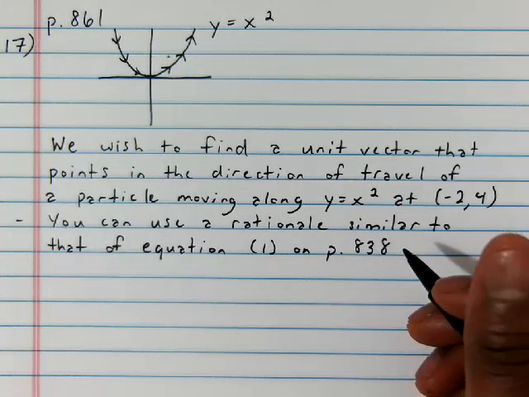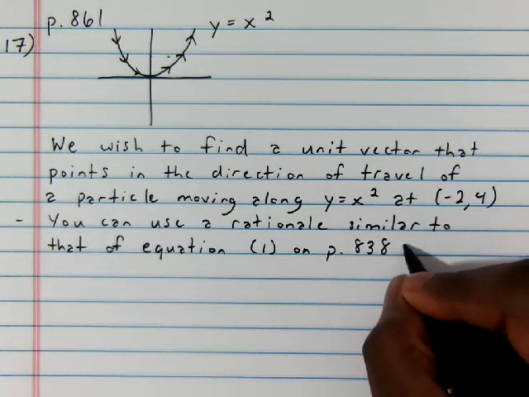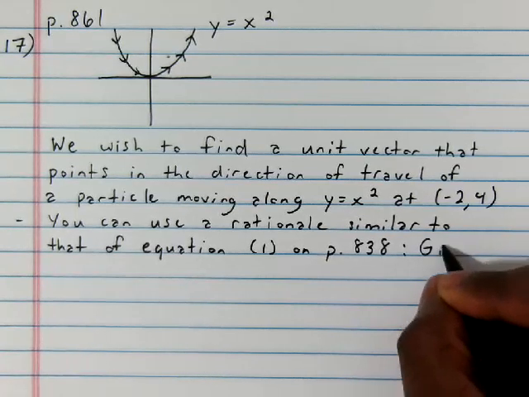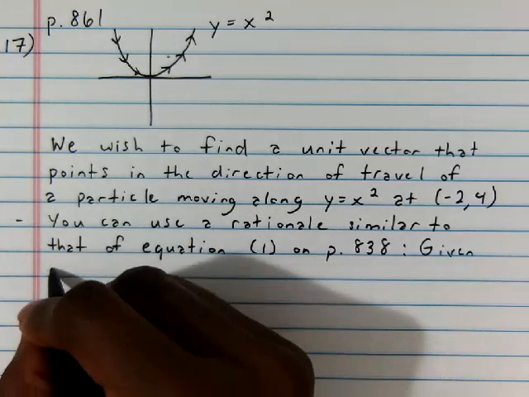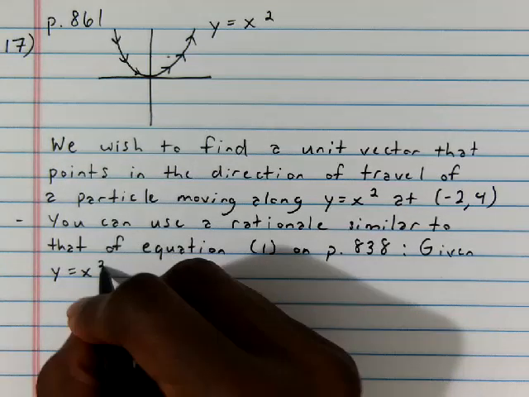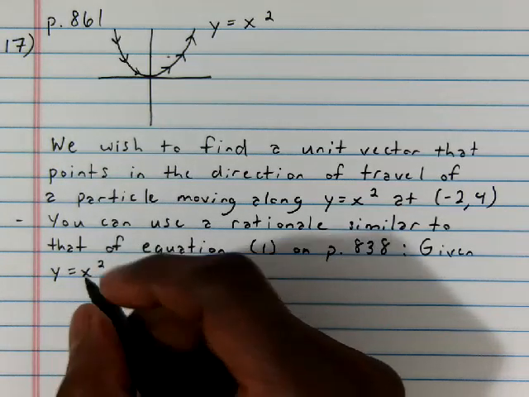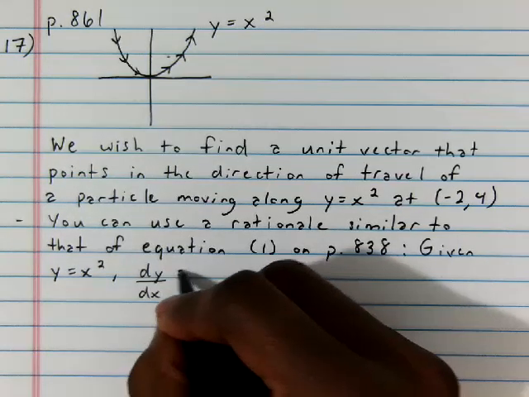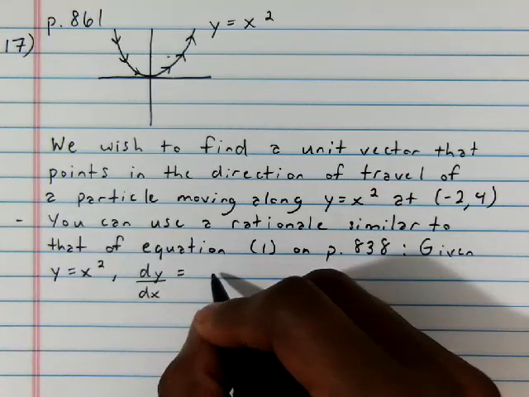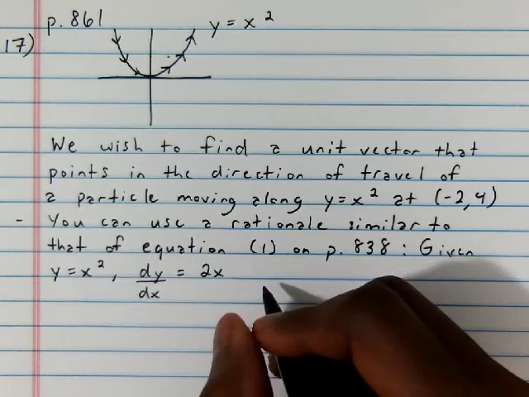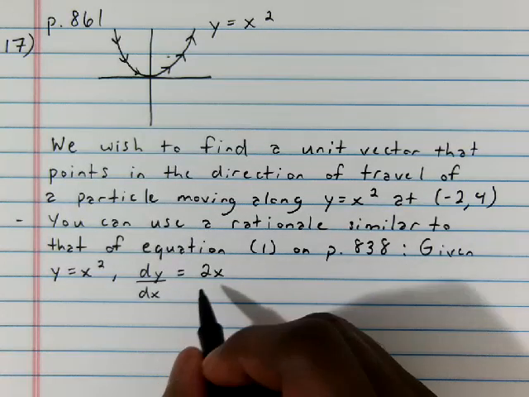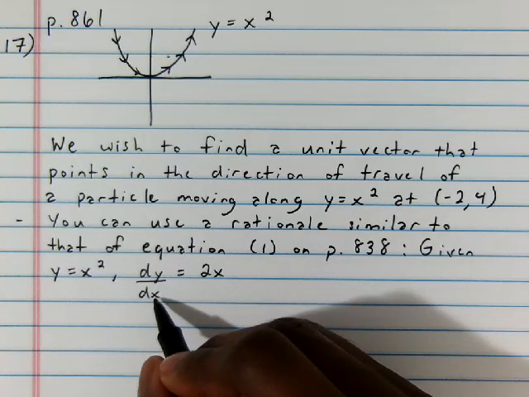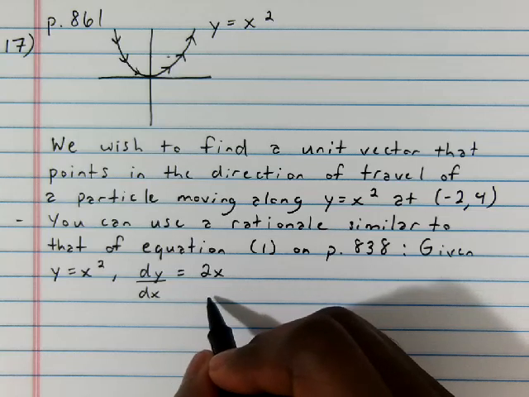And if we look at it that way, then given that y equals x squared, the derivative of y with respect to x is equal to 2x. And you can look at this as the change in y over the change in x. So this would be 2x over 1.